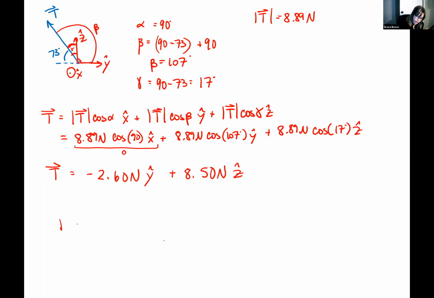So now let's find vector r in component form. Vector r was vector t plus vector f. So I'm just going to copy down what our answers were in component form for vectors t and f.